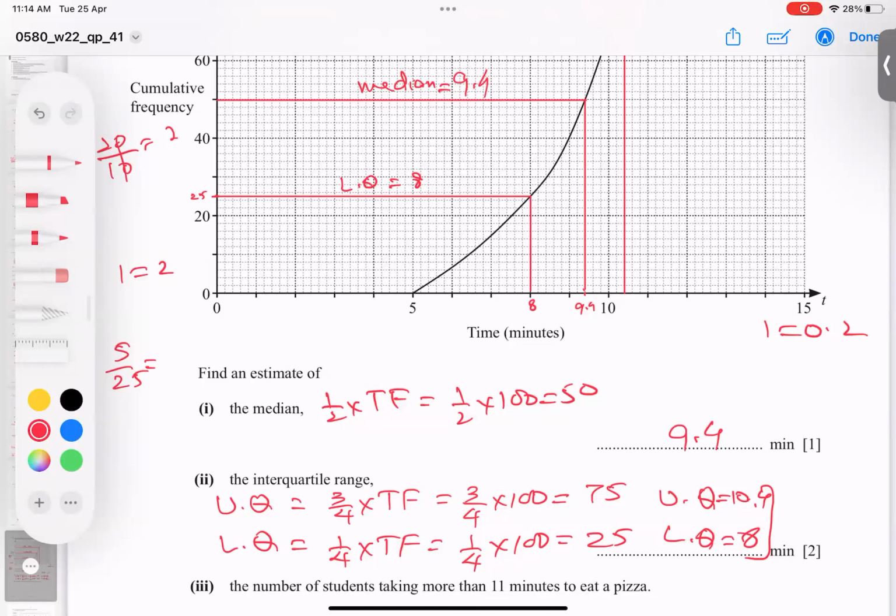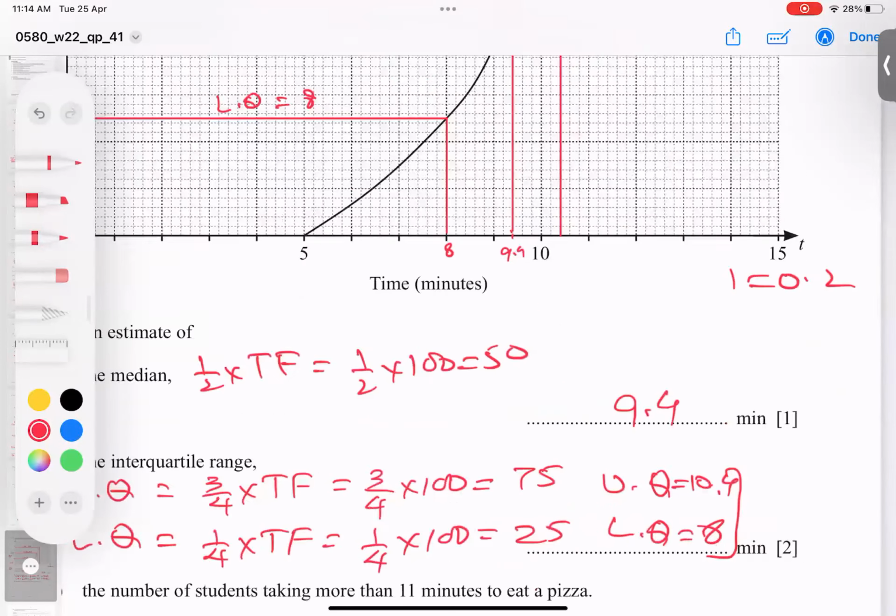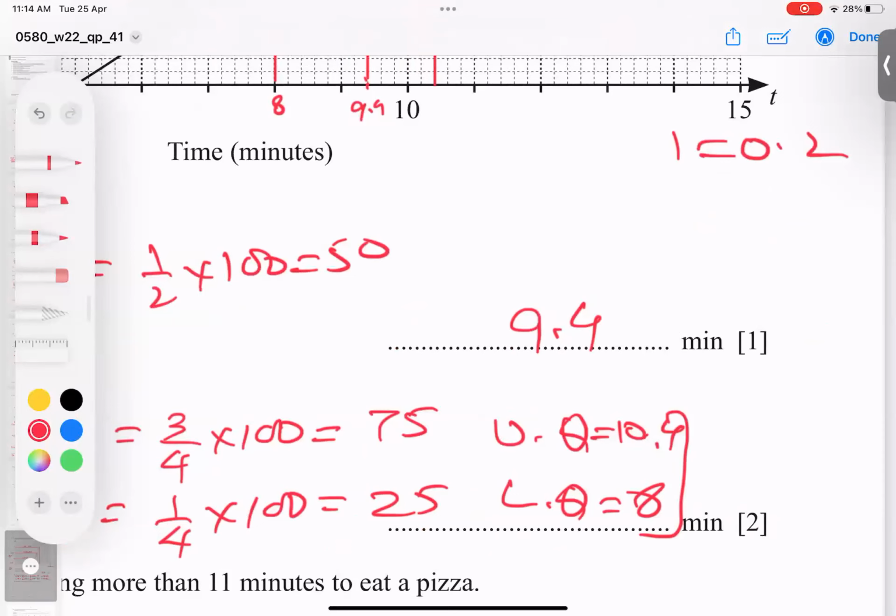Sorry for this, my throat issue. Anyway, now if I subtract them, 10.4 minus 8 becomes 2.4. So the interquartile range is very clear, 2.4.